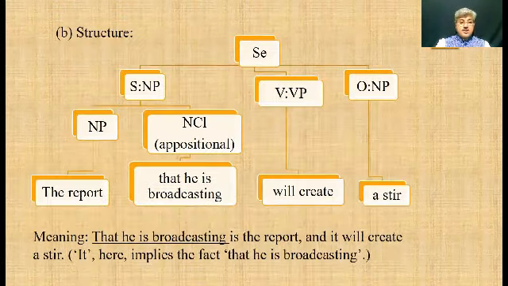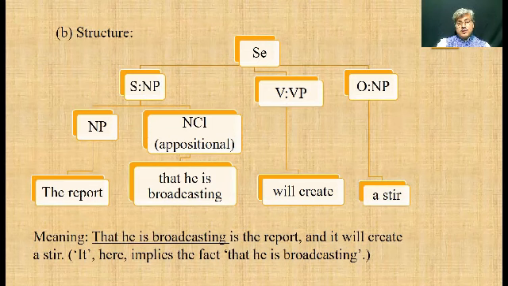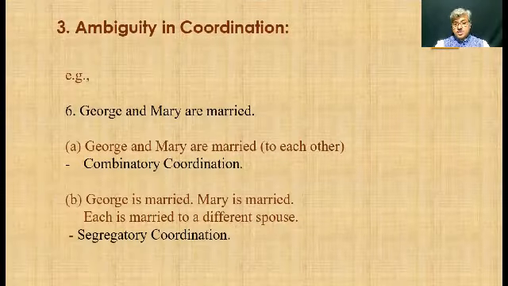And the second meaning is that he is broadcasting is the report and it will create a stir. It here implies the fact that he is broadcasting. It means the focus is on he, the subject who is broadcasting, and this report that he is broadcasting will create a stir. I hope you are understanding well. I request you all to watch this video again and again so that all your doubts may get clear.